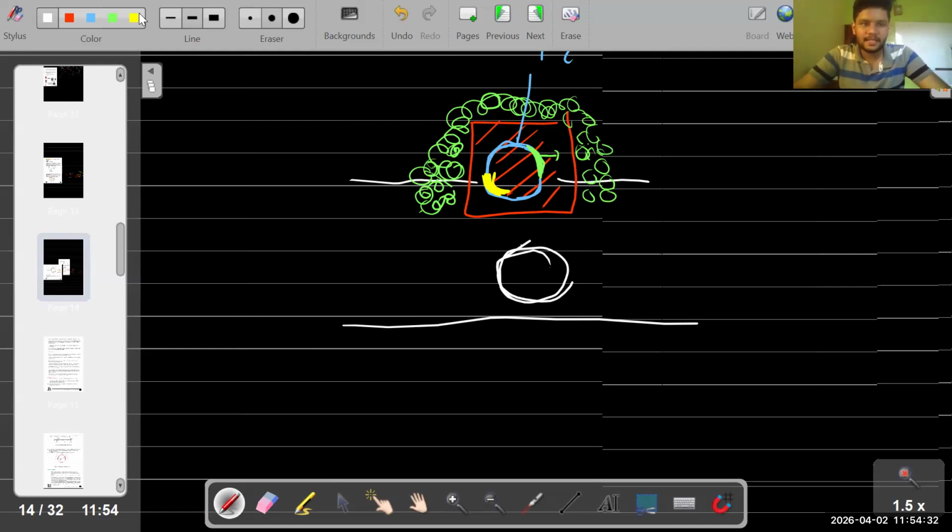So what now happens is this yellow color segment, a part of this segment will be transferred, not transformed. Initially, we said that it is transformed. Now it is transferred into the plant genome. Can you understand?